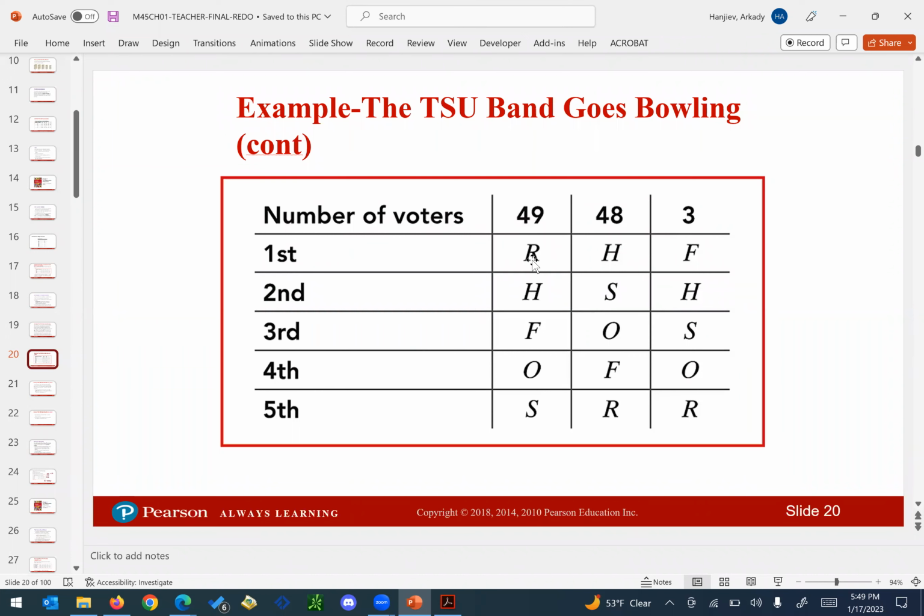So notice, by plurality vote, this one wins. But notice the Hula Bowl came in first here, and then also came in second here. So would it be almost safe to say that for the majority of the people, the Hula Bowl is actually a better preference than the plurality vote? It's kind of crazy, isn't it? Our political system is made up of this voting system right here.